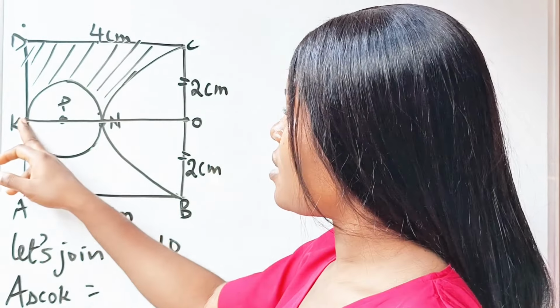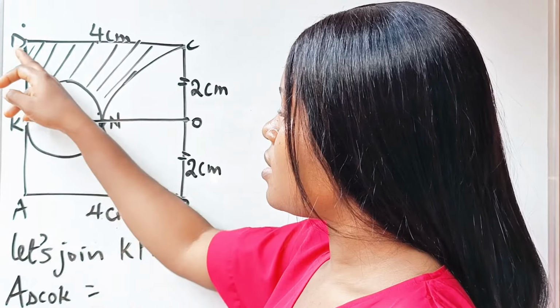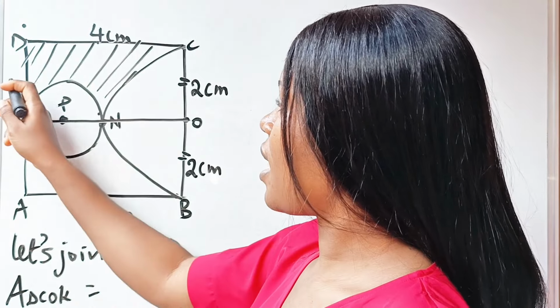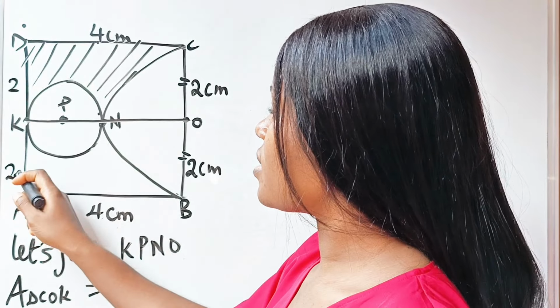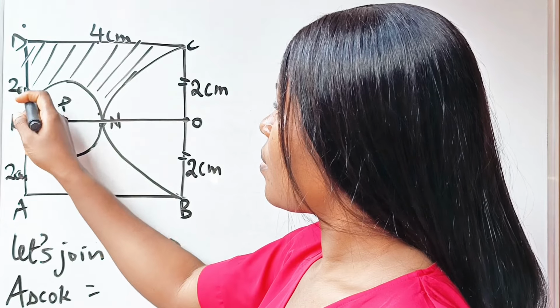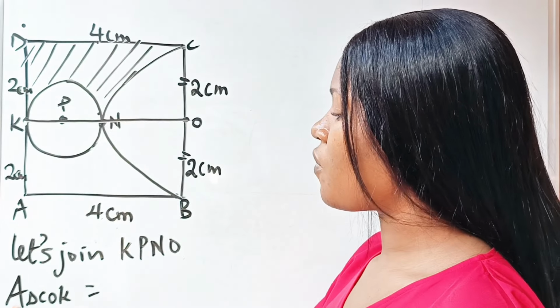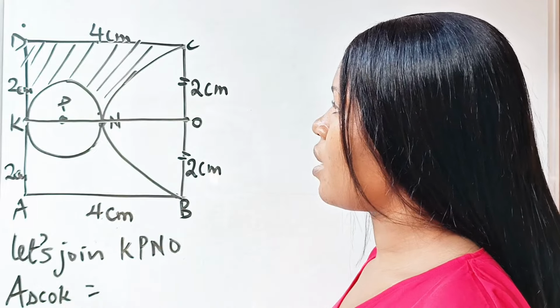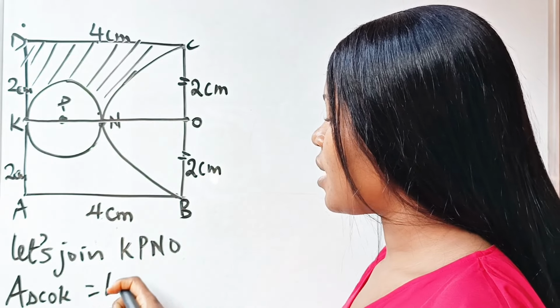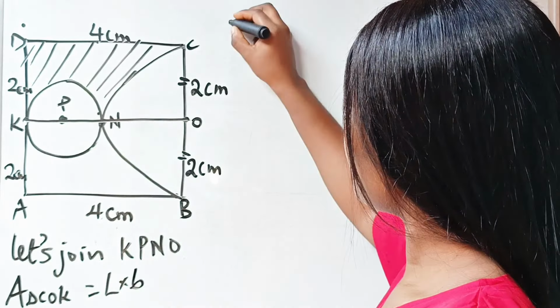But this is the center of what? DA. So it means that here is 2 and here is 2 cm as well. So the area of rectangle DCOK, area of a rectangle is length times breadth.